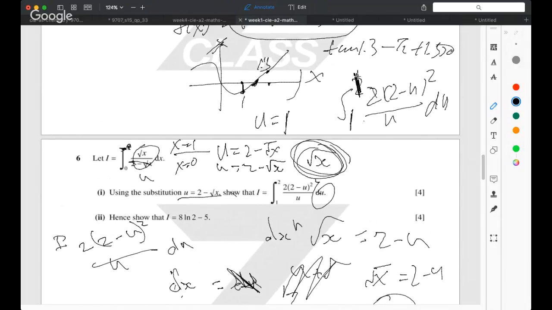So it's from 1 to 2 and minus. Now the answer is from 2 to 1. So by changing this limit, you eliminate this minus sign and that becomes positive. Do you know why that is? Because you have 1 minus 2 and I have 2 minus 1.